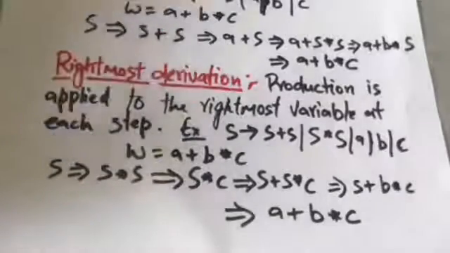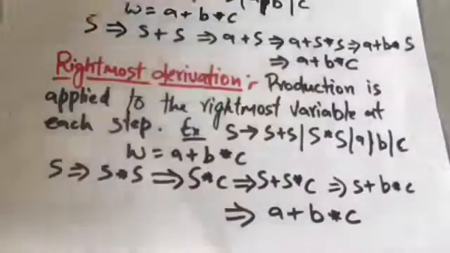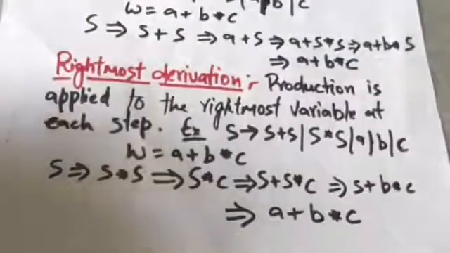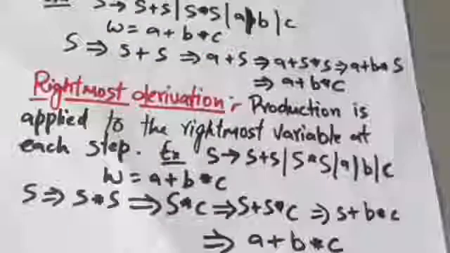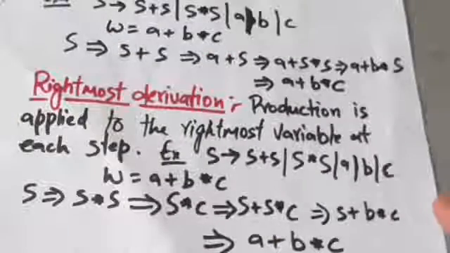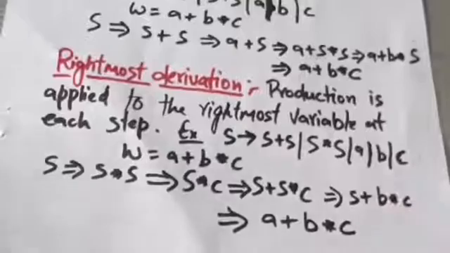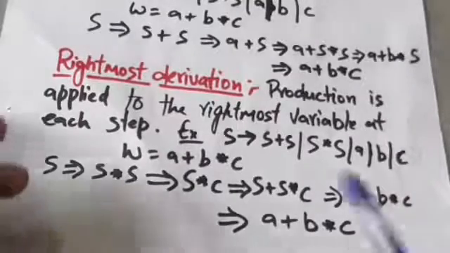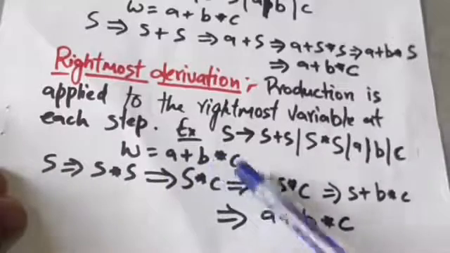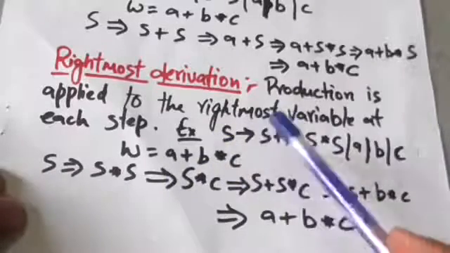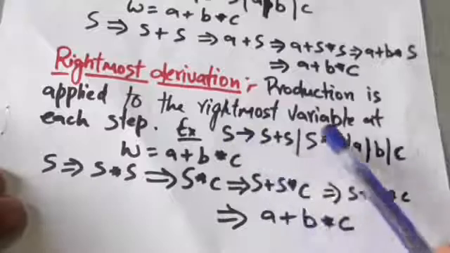In rightmost derivation, production is applied to the rightmost variable at each step. Right? Now let us find the rightmost derivation of the same string w, which is equal to a plus b into c, by using the same production rules.